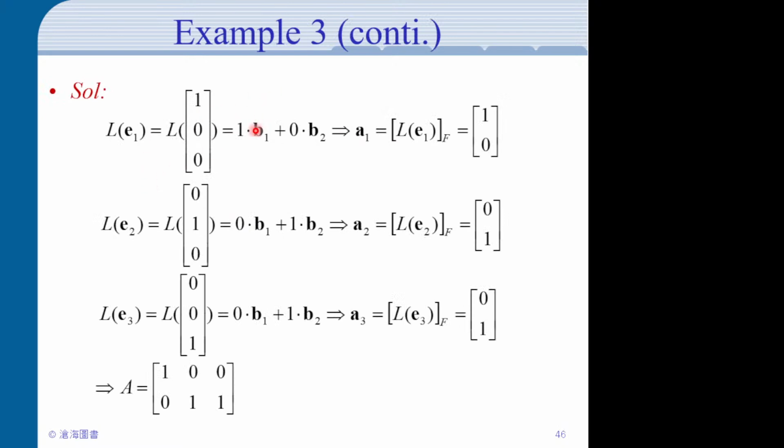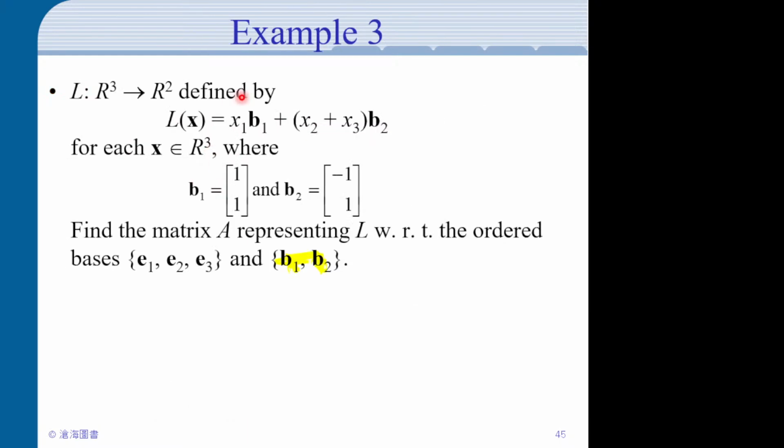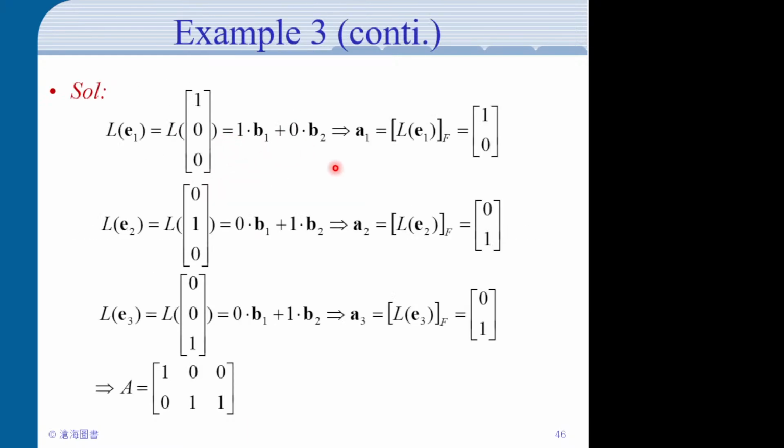So it's already in a linear combination of B1 and B2. So L of E1, you just read out the formula, then it's 1B1 plus 0B2. And L of E2 is 0B1 plus 1B2, and L of E3 is 0B1 plus 1B2.